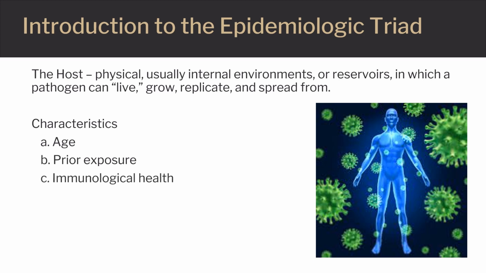If the host has developed either natural or artificial immunity to the pathogen, then the pathogen will likely not be able to establish an effective internal environment in which to grow and spread. Finally, a comorbidity refers to a secondary infection present in the host body. If there is comorbidity, then the host is more at risk for infection and spreading of an infectious disease.